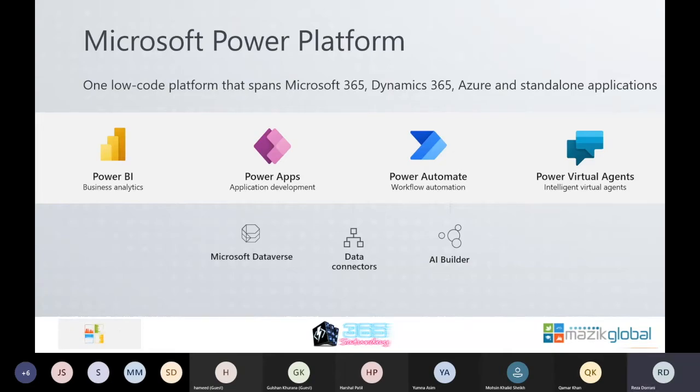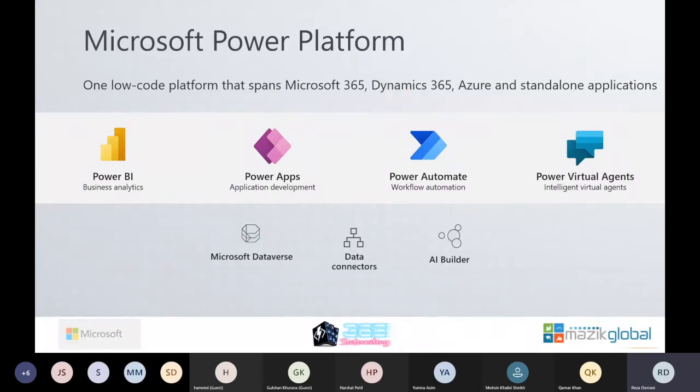And all of these four pillars provide a low code, no code experience for you to build these different aspects for your business solutions. And the target audience here is the citizen developers or the power users.